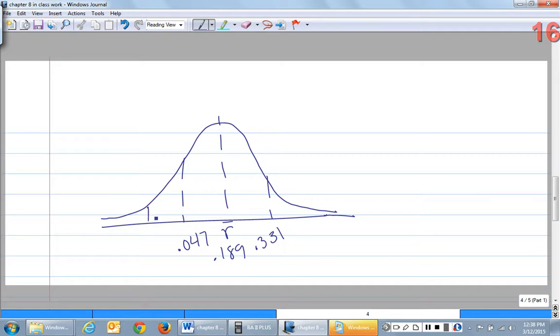We can continue this out. 95% of observations lie within 2 standard deviations of the mean, so negative 0.09 and 0.47. And finally, 99% of observations are going to lie within 3 standard deviations of the mean, so negative 0.24 and 0.61. These are all of the values that we just calculated.